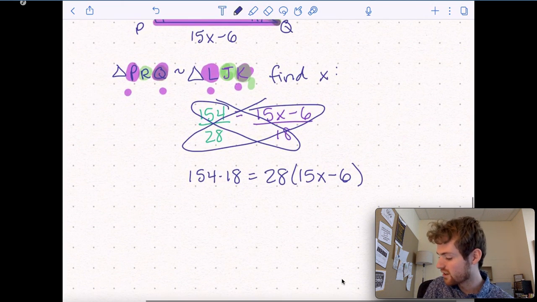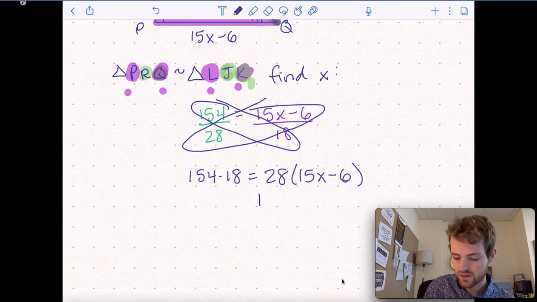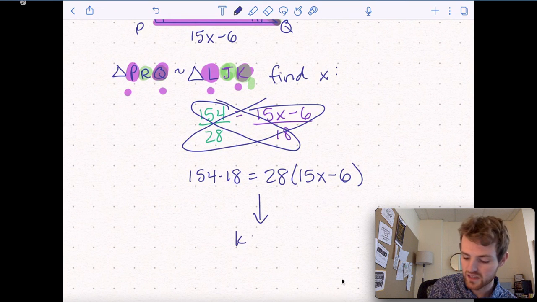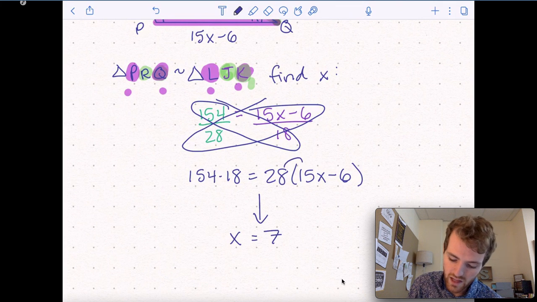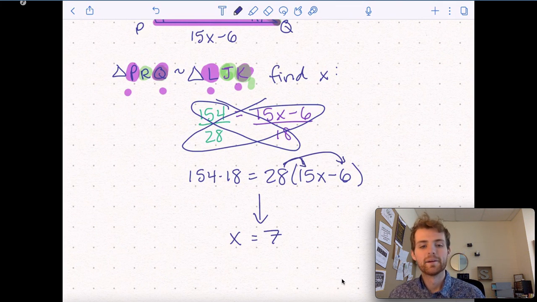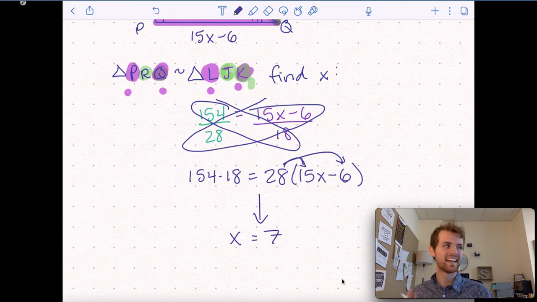We can work this out if you want to. I'm just going to go ahead and say, in the end, x will equal 7. You can do that distribution if you want, but x will be 7. Check me on that, maybe. Maybe that'll be my ask.